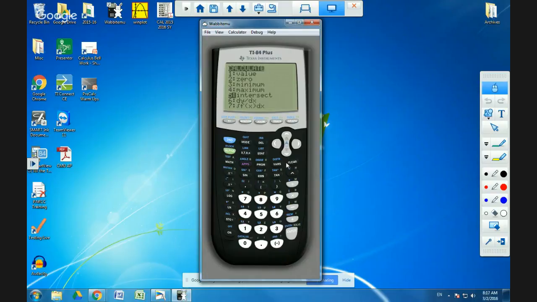We want an intersection. Remember, you have to select your first curve and your second one, making sure the equations are right. And then you get a guess. I'm gonna guess it's right there. And there's your intersection. 1.756 is your x and 3.378 is your y value. Okay.